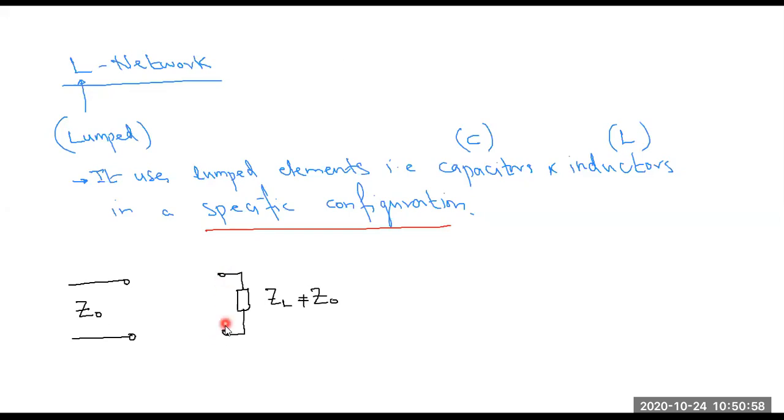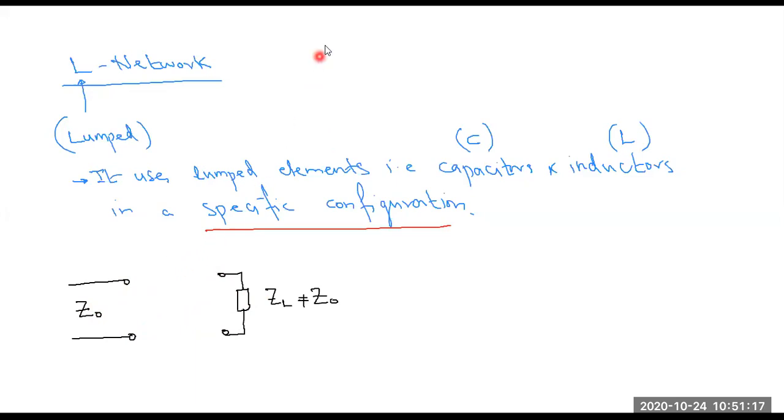So I don't want to connect this load to this transmission line directly. I want to use some kind of circuit in between the load and this transmission line so that my circuit appears to be matched. So this is how you will connect.